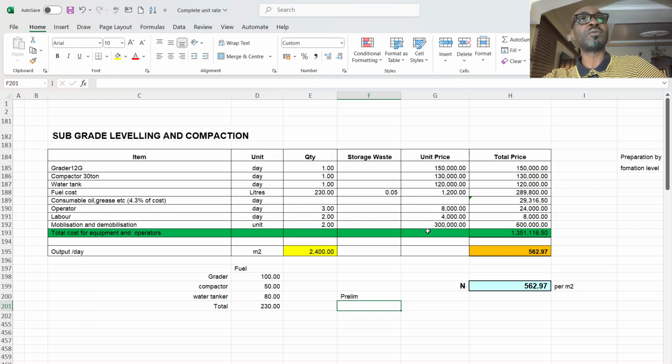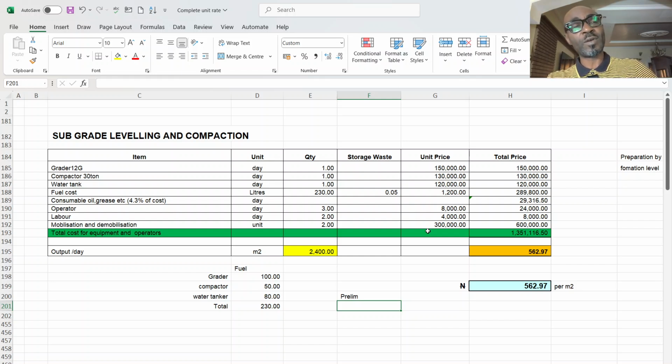If you're working with a construction company that has been on road projects for a very long time, they do keep data, so it could tell you what is the quantum of work that a gang of this equipment can do for a day. Then it is this quantum that you will now divide by the total cost of the equipment to give you the cost per square meter.